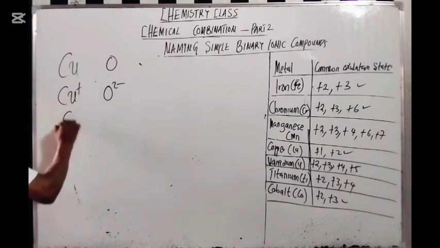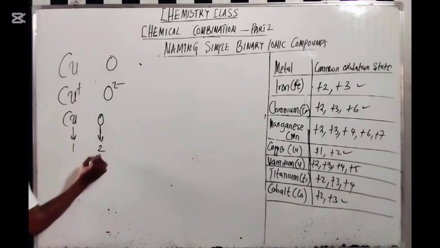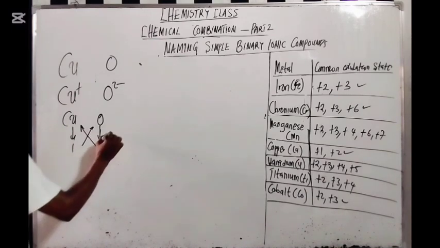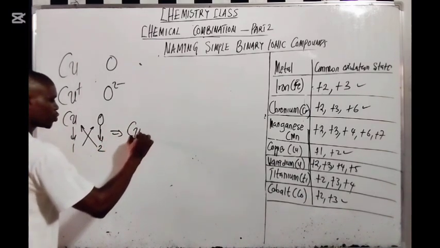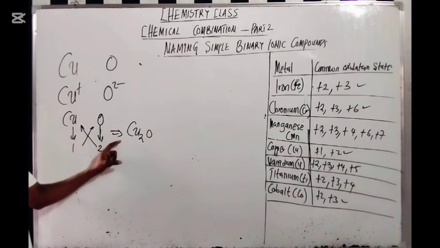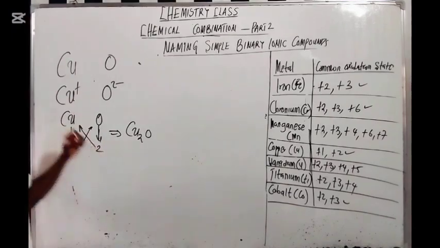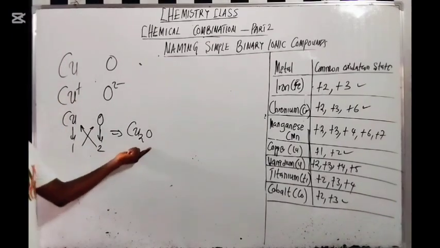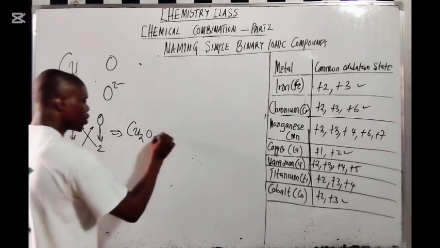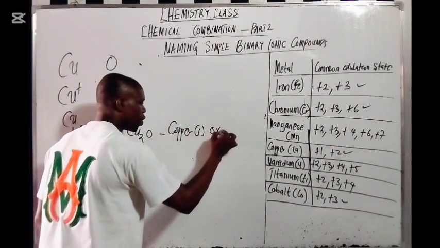It's going to be Cu 1, O 2. This one moves here and this one moves here. What are you going to get? You're going to get Cu2O. The copper that forms this compound is copper 1. What would be the name of the compound? It's going to be copper 1 oxide.